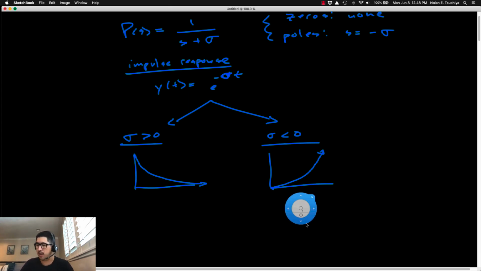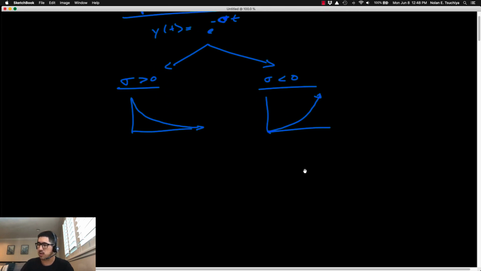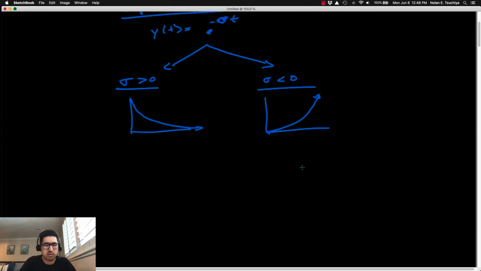Looking at both of these responses, remember we are under the umbrella of stability as the topic for this lecture. Which one would you say is stable intuitively? Without stretching your mind too much, you would probably associate this plot with being stable, just based on your intuition. We haven't even defined it yet, but this response just looks more stable.